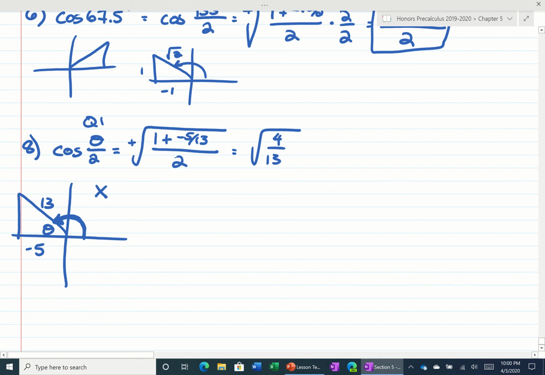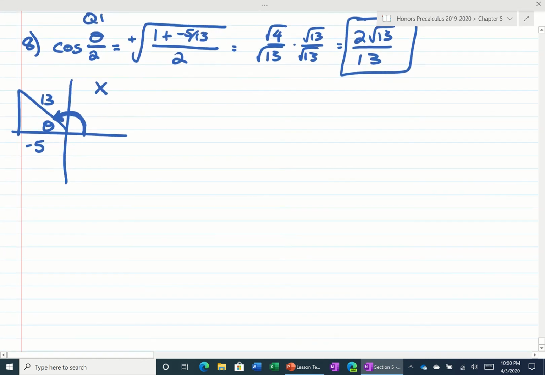And we have to multiply by root 13 over itself. The square root of 4 is 2 root 13 over 13.